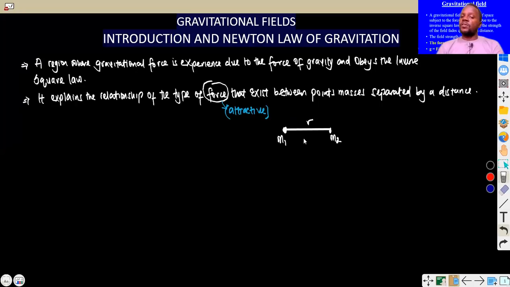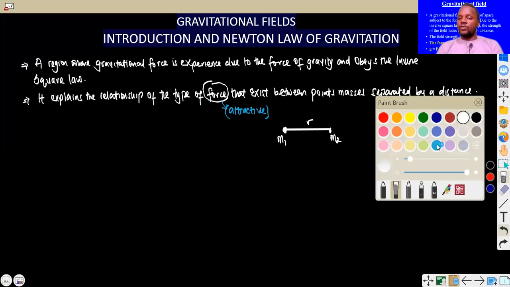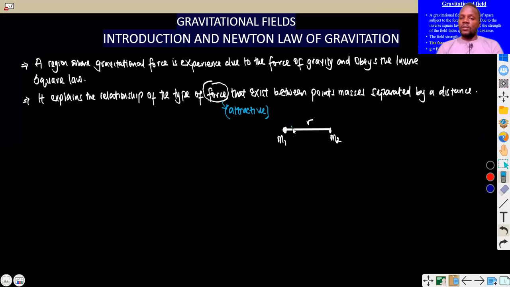So there's going to be a force acting on the first one due to the second one: the force acting on M1 due to M2, and the force acting on M2 due to M1. So there exists an attractive force between the point masses.